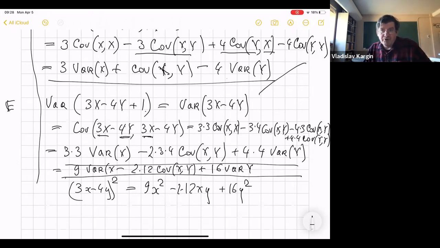So it's useful to immediately remove constants from the beginning, so they won't be in your way afterwards. This is a similar calculation.